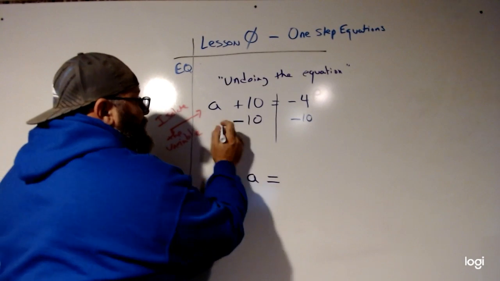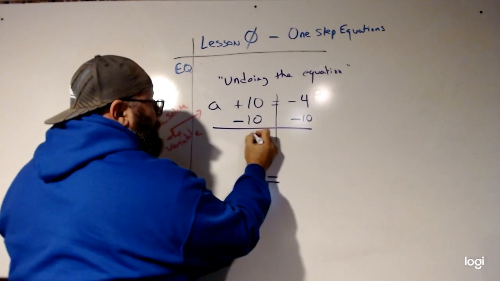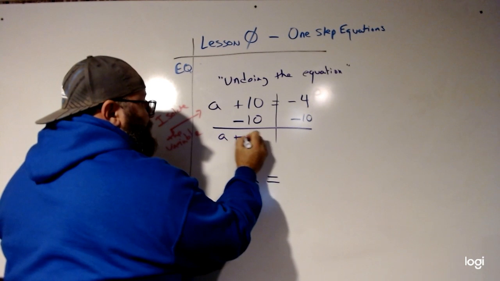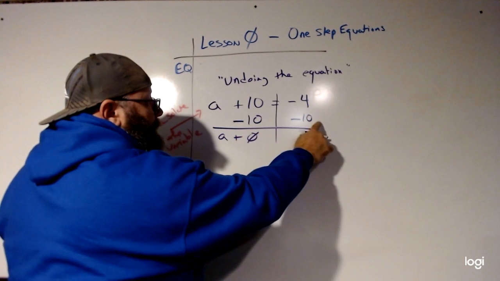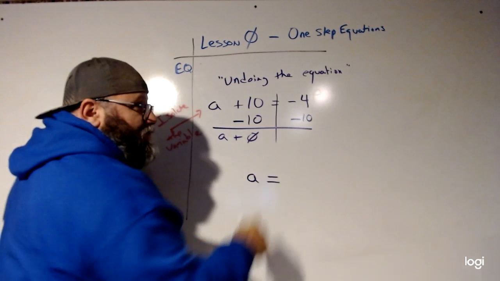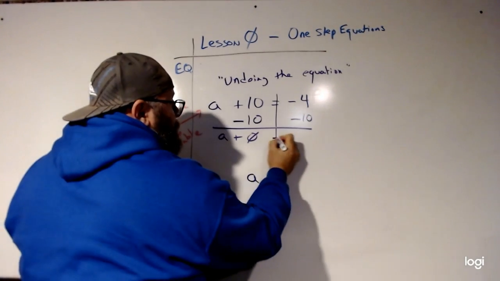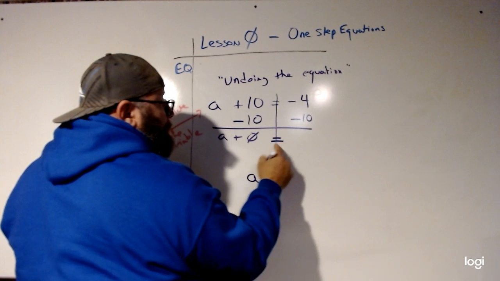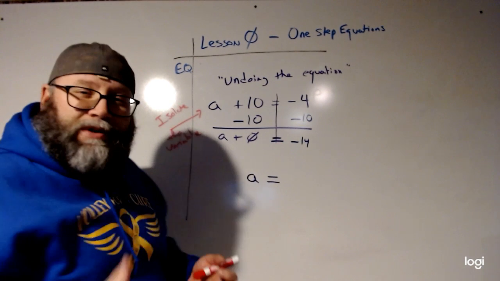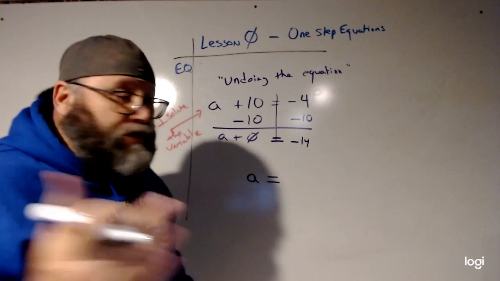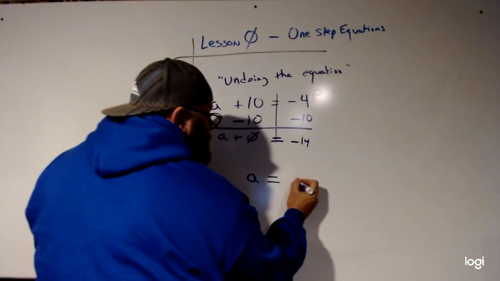So this and this becomes 0, giving me just a plus 0. And negative 4 and negative 10, we're just going to put those together. When we combine those two, do we need the 0? A plus 0? We don't, so we have a equals negative 14.